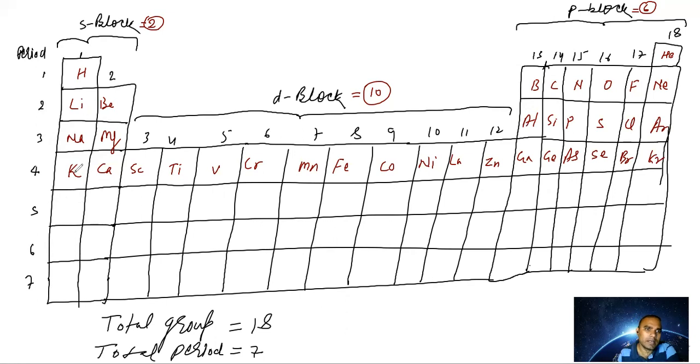Lithium, sodium, potassium, rubidium, cesium, francium. Beryllium, magnesium, calcium, strontium.